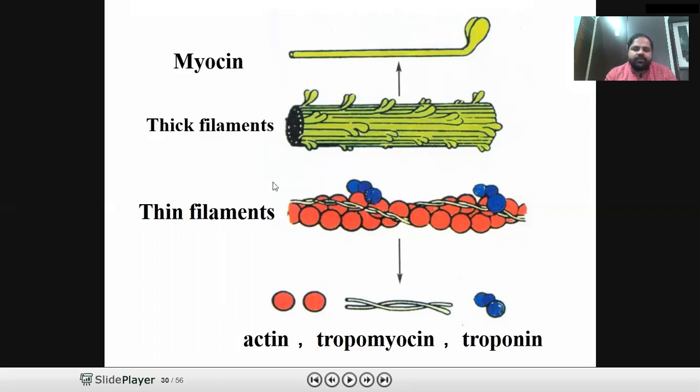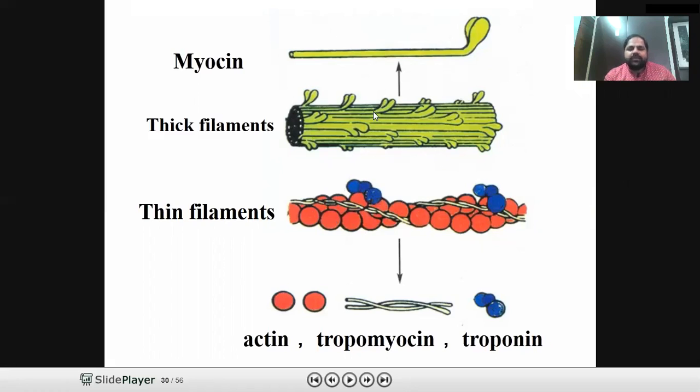And this figure is representing the actin filament, and as I told before, there are two kinds of pairs of the structure. So one kind of pair is here and another kind of pair is here, and this blue colored structure which is present at regular intervals on the thin filament is the troponin.